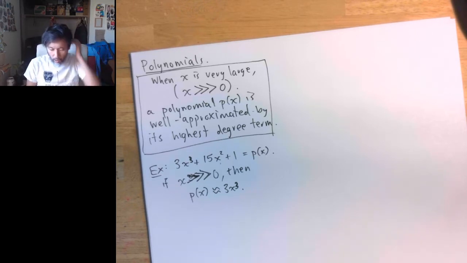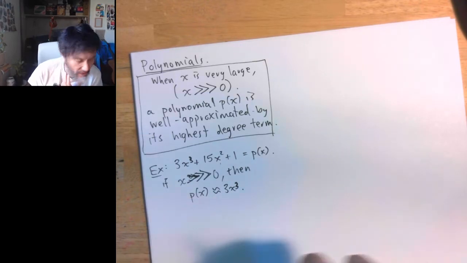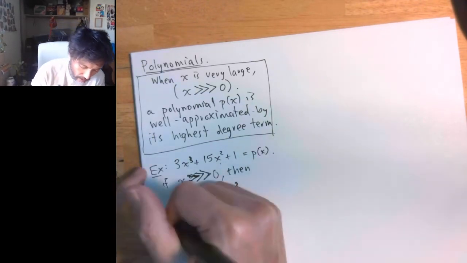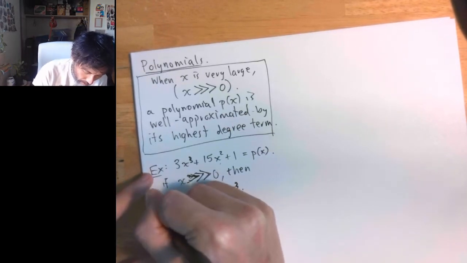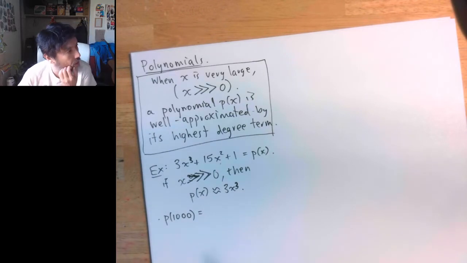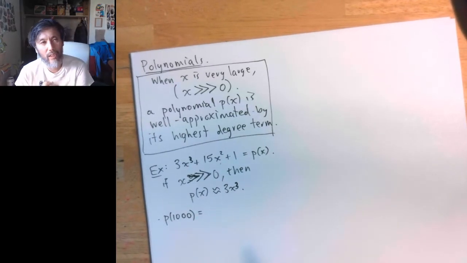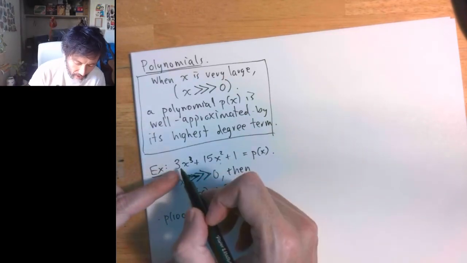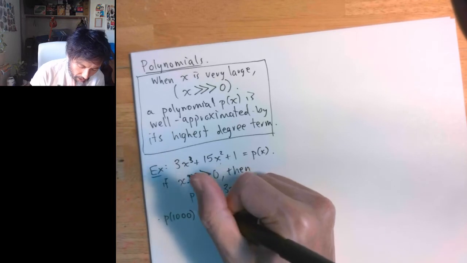But what if we were to stick in something like 1,000 into here? So p of 1,000, what is it? Well, 1,000 cubed is 1,000 times 1,000 times 1,000. I believe that's 1 billion. 1 billion times 3 is 3 billion.